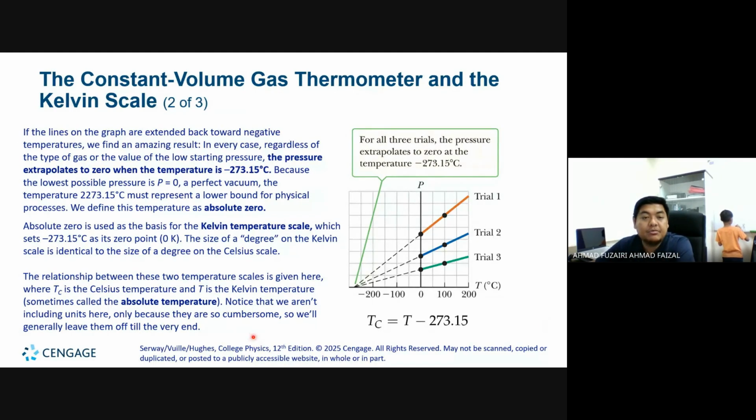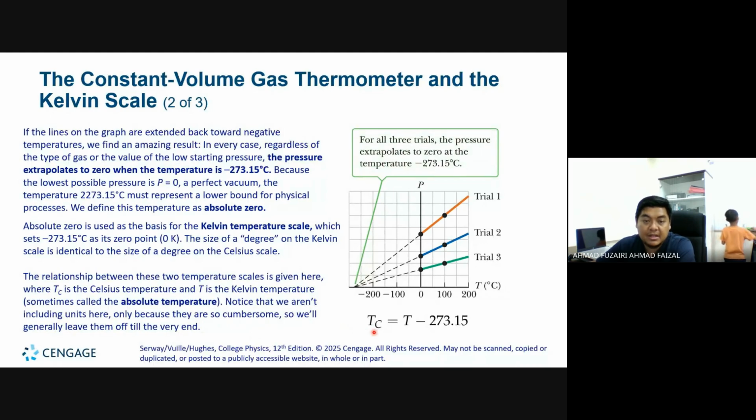The relationship between these two temperature scales is given here, where Tc is the temperature in Celsius and T is the Kelvin temperature. Notice that we aren't including units here only because they are so cumbersome, so we'll generally leave them off until the very end.